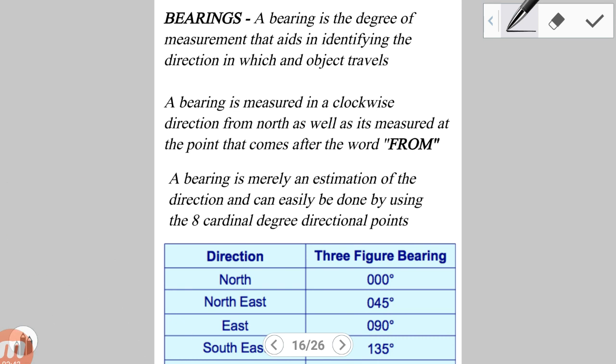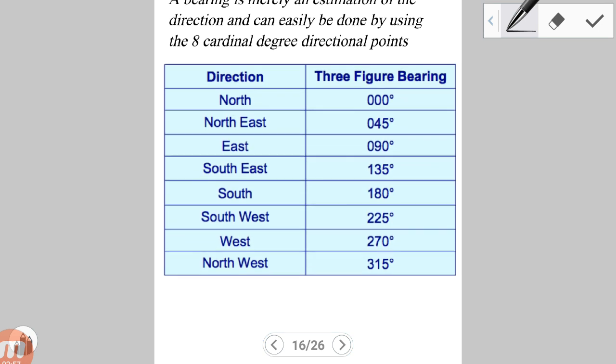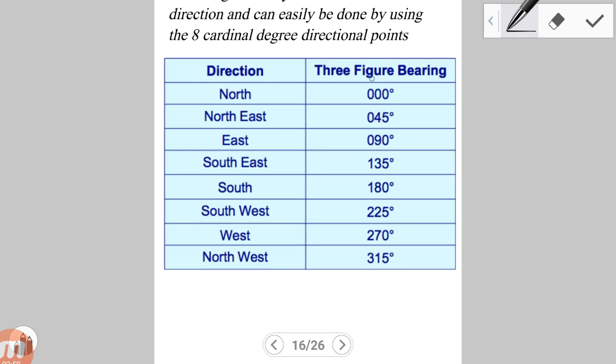All right, so next here that we're going to be looking at is that a bearing is merely an estimation, as we had mentioned before in the introduction, of a direction, and can easily be done using the 8 cardinal degree directional points. All right, and so these cardinal points that you see I have here on screen are just really guidelines. That's what I call them, guidelines.